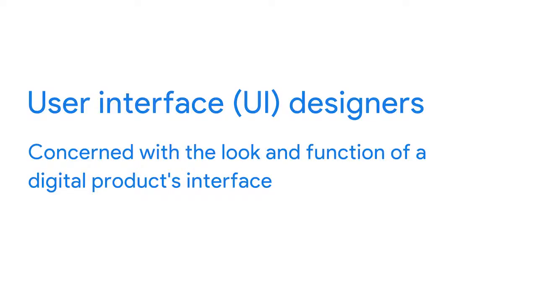They're more concerned with the look and function of a digital product's interface and less focused on wireframing or information architecture. Some companies don't differentiate between UI and UX designers. So feel free to check out job postings for UI designers, read the job description carefully, and decide if you'd be a good fit for the role.